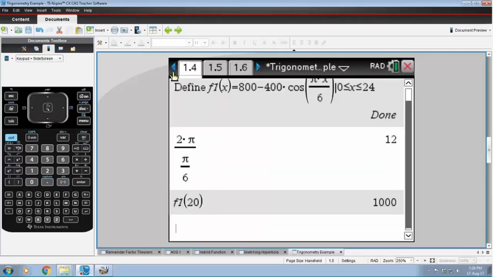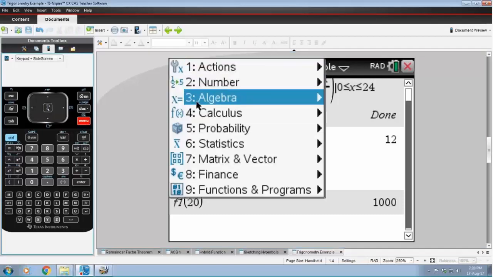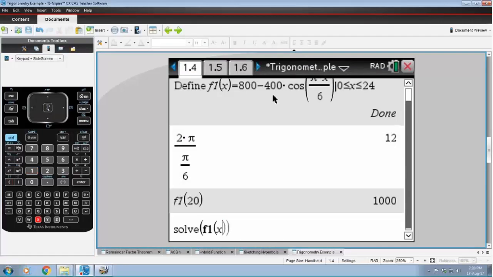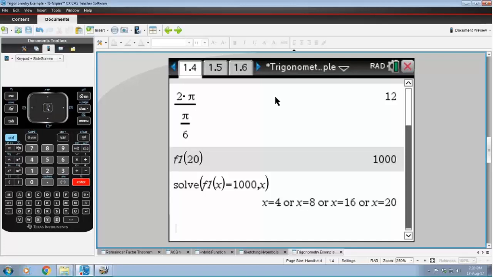We solved it graphically, but we could also have solved it on the calculator page. So if I go Menu, Algebra, Solve, solve f1 of x equal to 1,000 for x, comma x. So that gave me the 4 answers as well, 4, 8, 16 and 20.